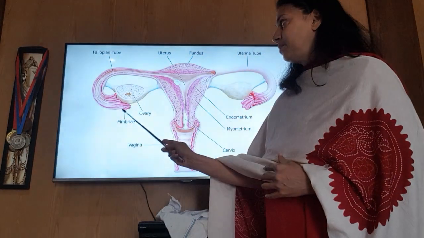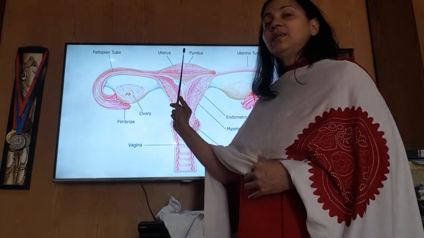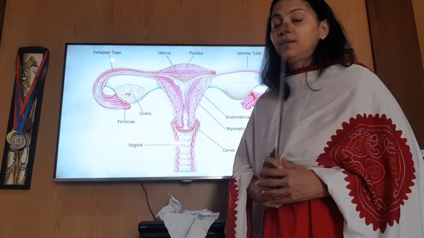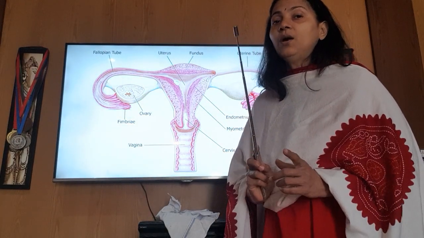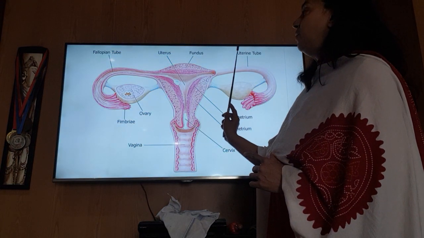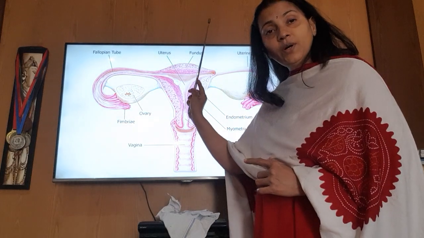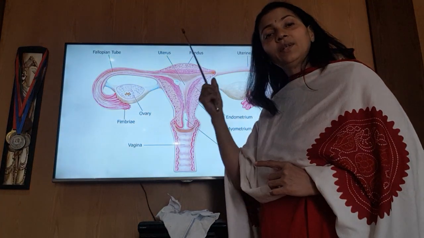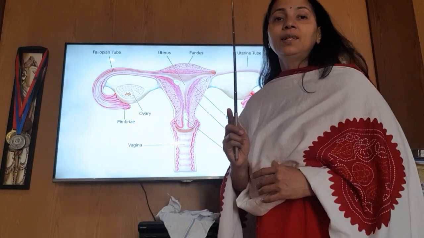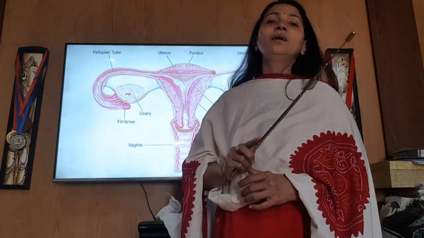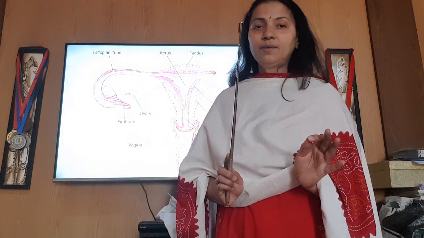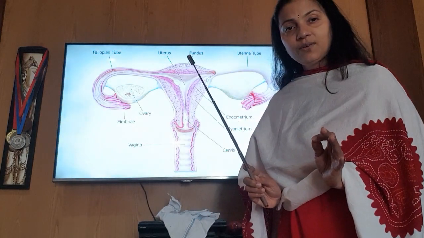On the right side, the ovarian vein drains directly into the inferior vena cava, but this is not so on the left side. On the left side, the ovarian vein goes straight up towards the left renal vein and opens into the left renal vein, and then the left renal vein opens into the inferior vena cava. Clear? So arterial supply is clear, venous drainage is clear.